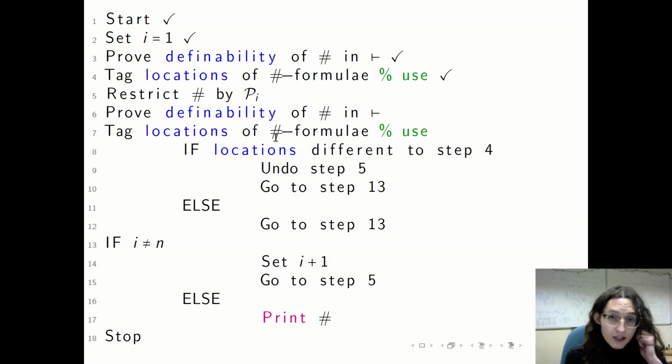Sorry, if the inferential behavior is different, we've got a change of meaning, we undo the restriction and move on, or otherwise directly move on to the next parameter and go through until we've exhausted the list of parameters.